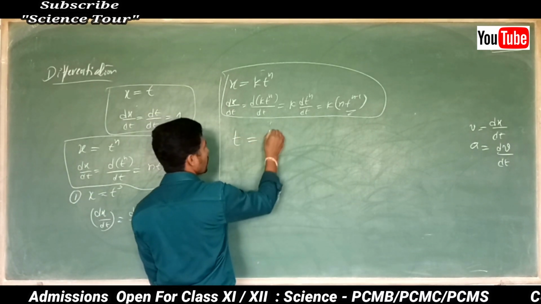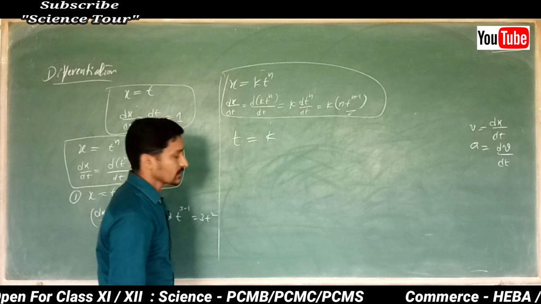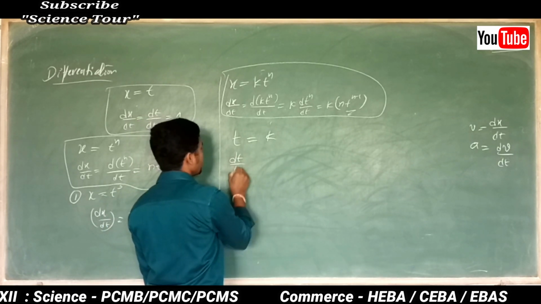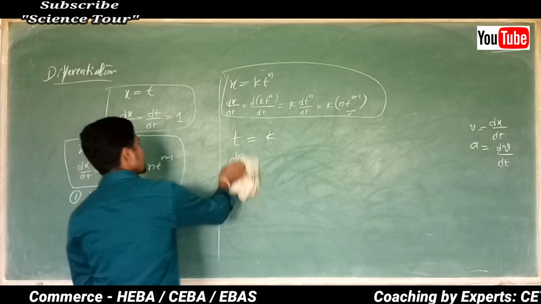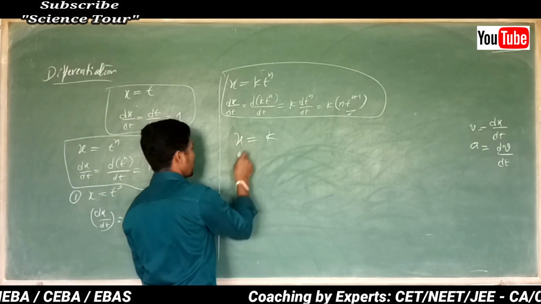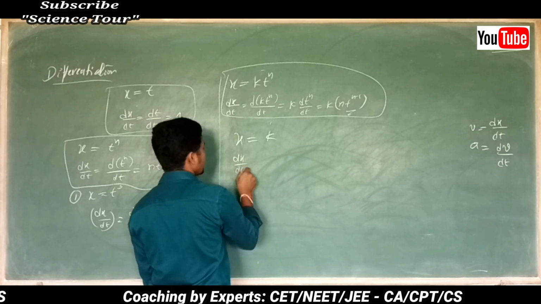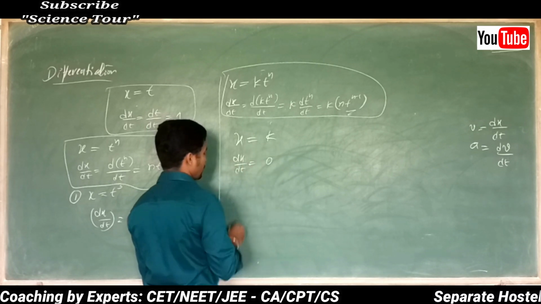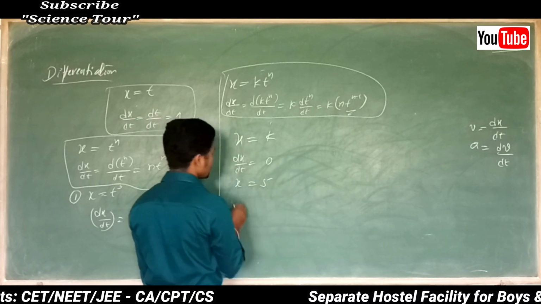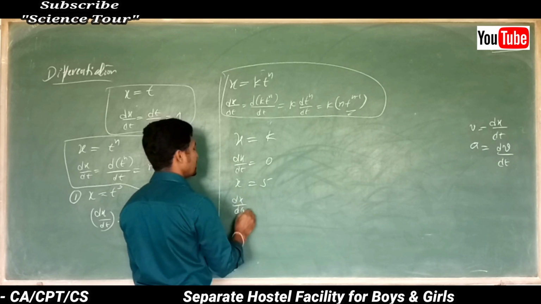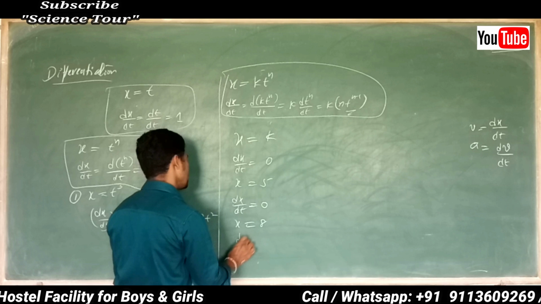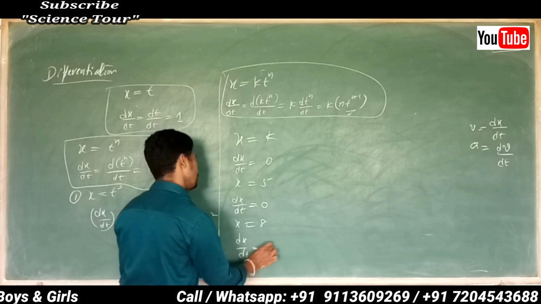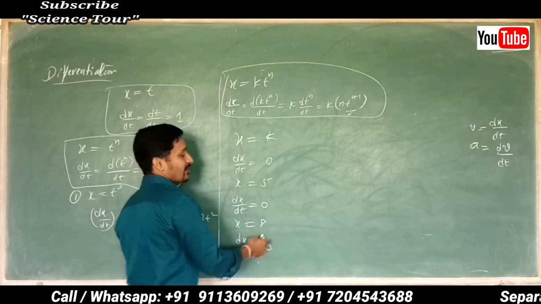So x is equal to k. Then dx by dt is, since it is a constant, 0. So x is equal to 5 means how much? dx by dt is equal to 0. x is equal to 8 means how much? dx by dt is equal to 0. It is not only for 5 or 8.